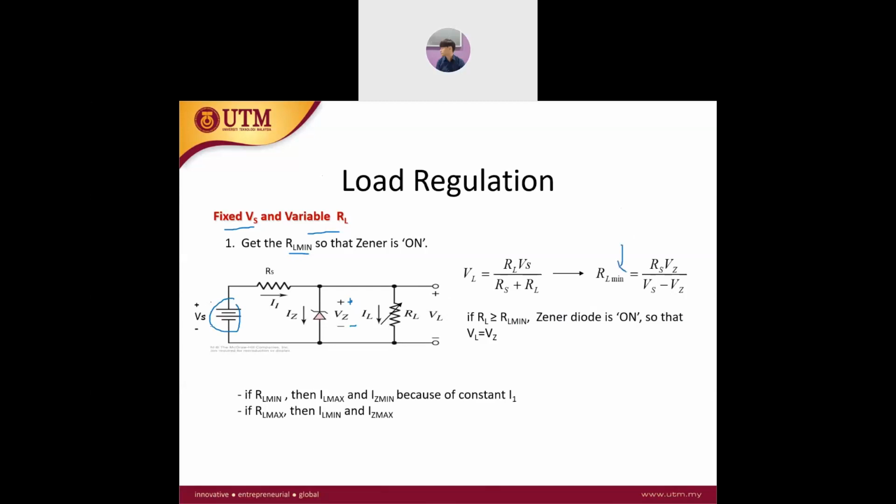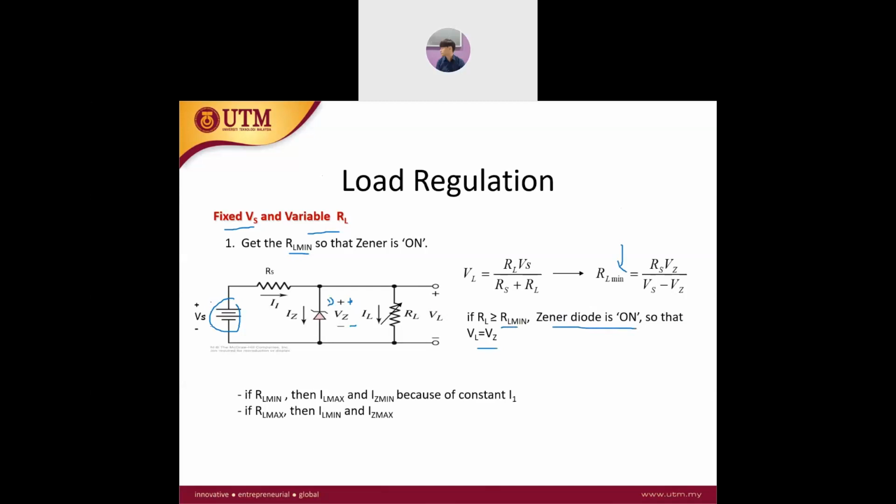So you will get RL min, the minimum load resistance for the Zener diode to be on. If RL is greater than RL min, the Zener diode is on, so VL equals VZ.